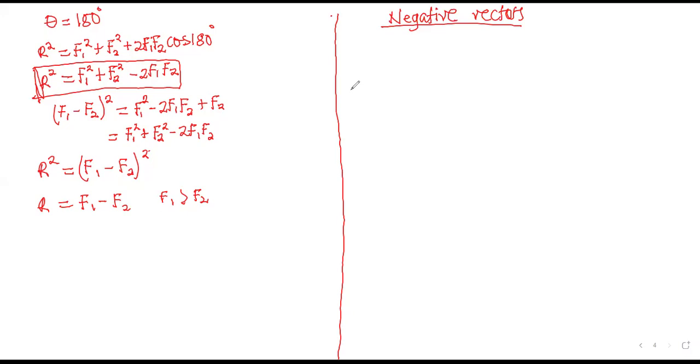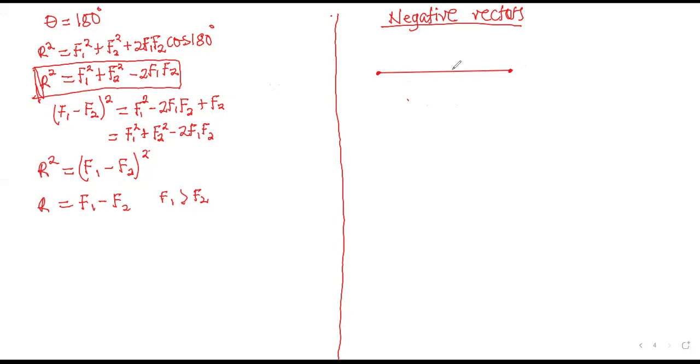The difference only has to do with their direction. So if I draw a vector A, the magnitude of this vector is from its starting point to this point.